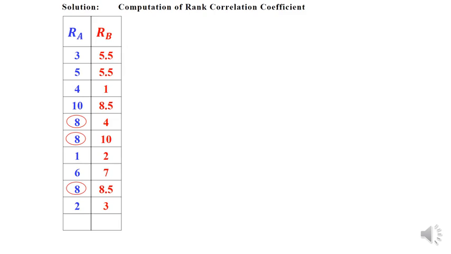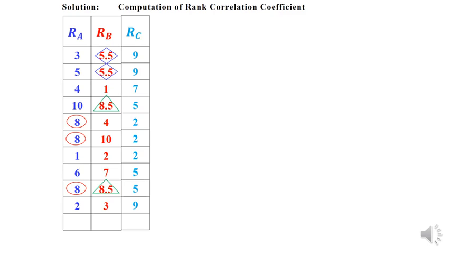Then take Judge B's rankings. Here 2 ranks are repeating, 5.5 and 8.5. So mark them up 2 times each: 5.5 and 5.5, 8.5 and 8.5. Then write down the rankings given by Judge C. So here 2, 5 and 9 are repeating 3 times each.